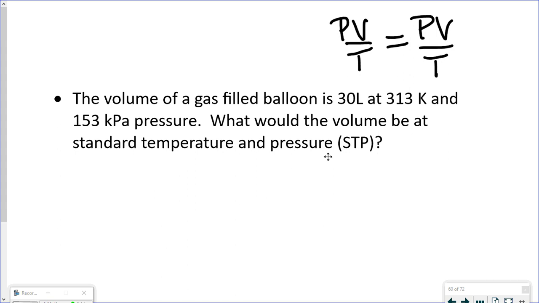So standard temperature and pressure are constants that are given on your reference sheet. If you look on the front page of your reference sheet where it says chemistry reference tables, on the left side, the third and fourth thing down are standard pressure, and it gives you standard pressure values in all of the different pressure units.